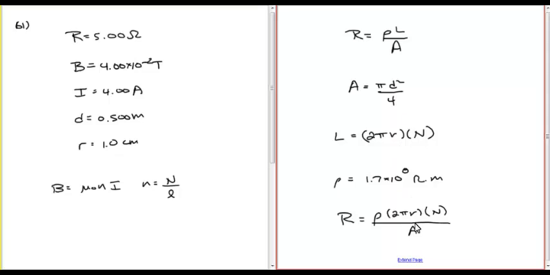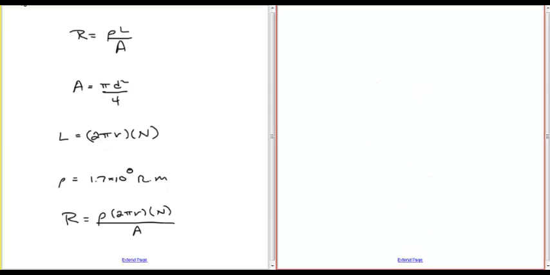This R is the radius of the solenoid. What we're solving for is the number of loops. So if we solve for n, we get R times A divided by rho times 2 pi times the radius of the solenoid.